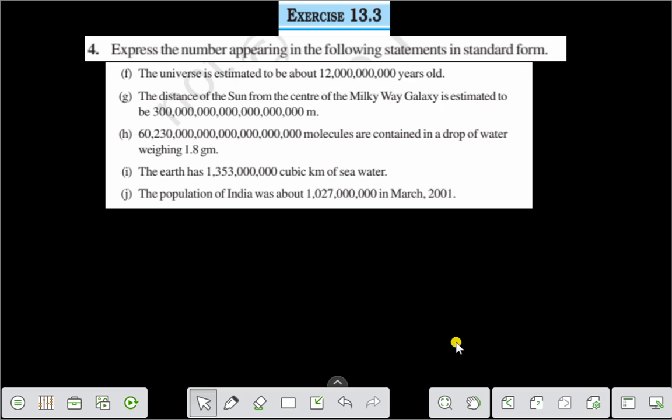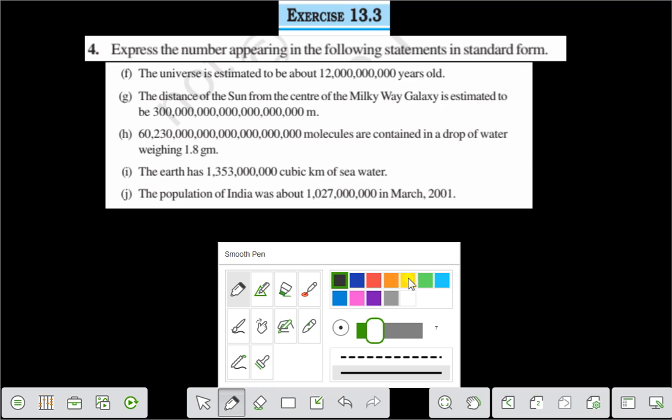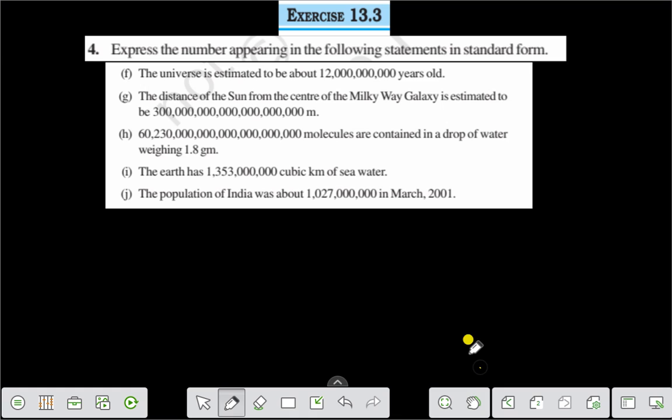Number F. F is, the universe is estimated to be about 1 2 000000000 years old, right?